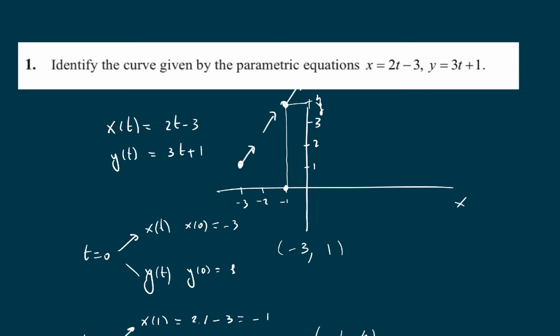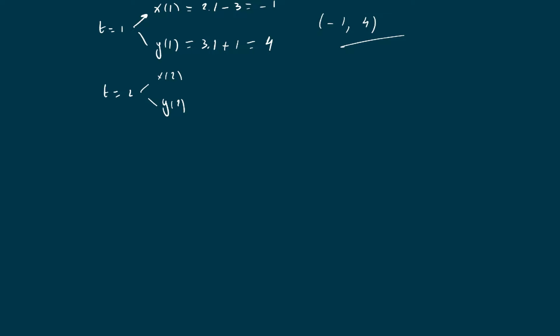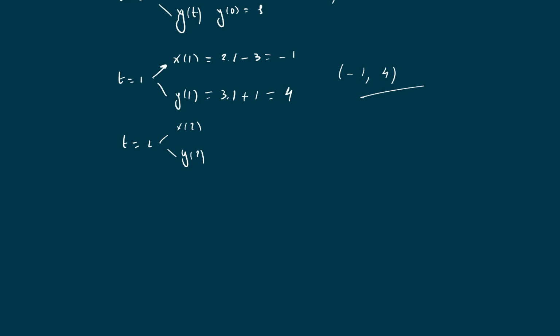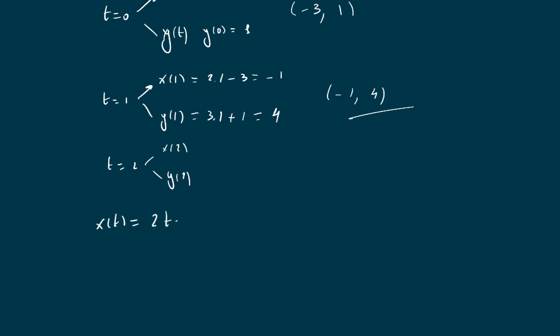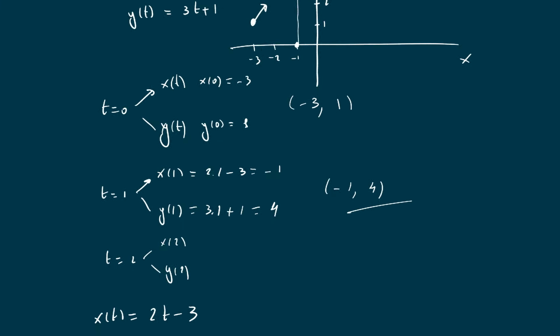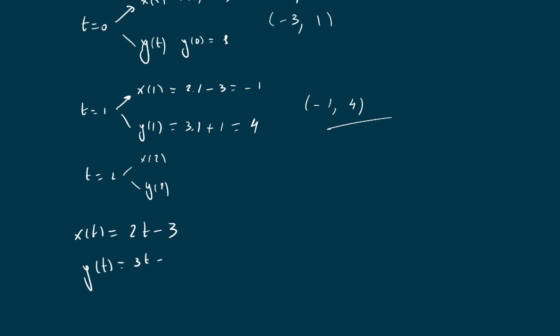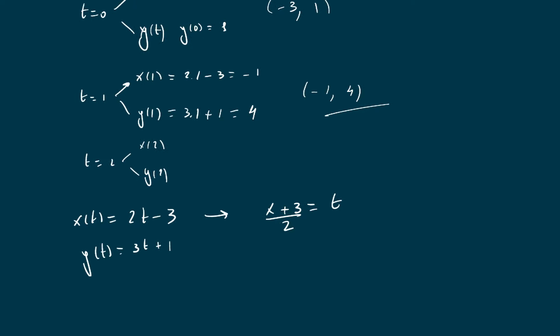Okay, let's find the equation. From the first equation, x of t equals 2t minus 3, we solve for t. And in the second equation, y of t equals 3t plus 1, we insert the t. For the first equation, x plus 3 will be 2t, so t will be x plus 3 divided by 2.